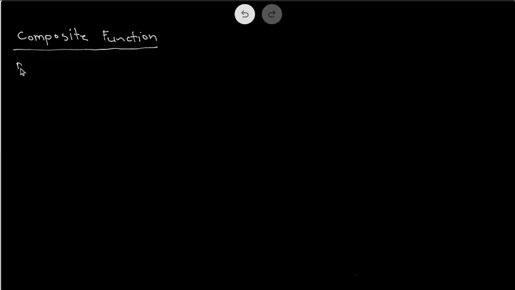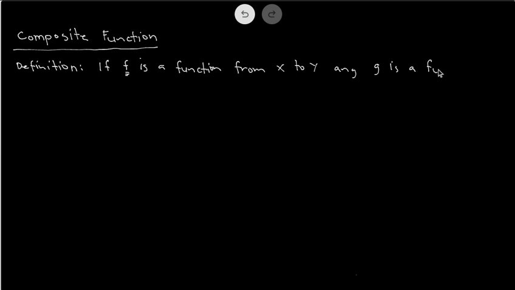So by definition, if f, yung f mo, kung f mo na to, if f is a function from x to y and g is a function. So, dalawa yung function na pinag-uusapan, f and g. Is a function from y to z.